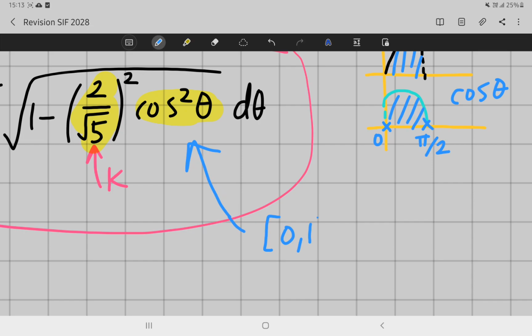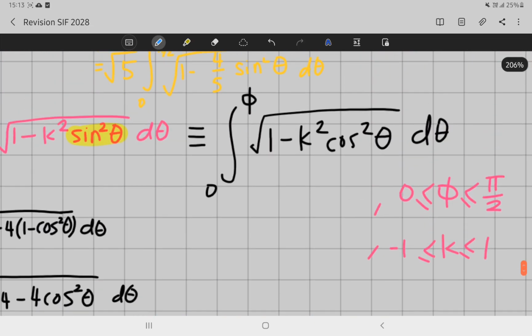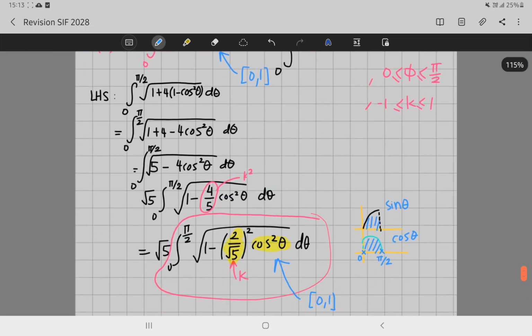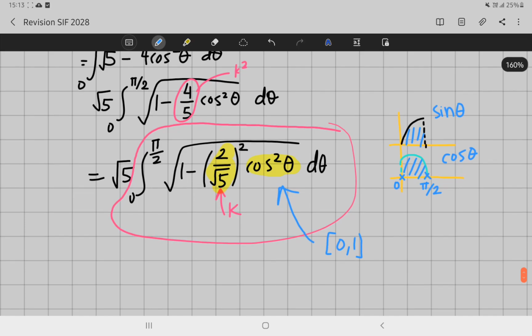So they have the same range, and we can conclude that cosine square theta and sine square theta inside the elliptical integration are the same thing.